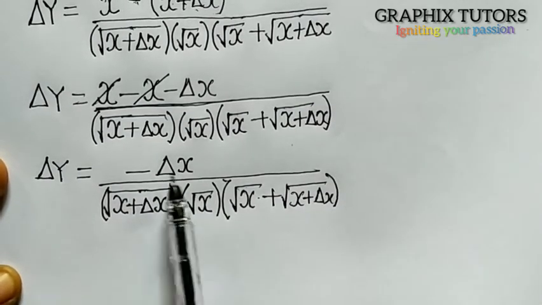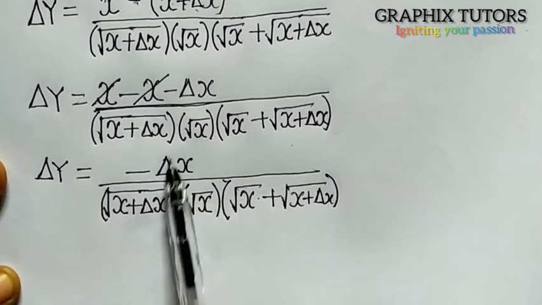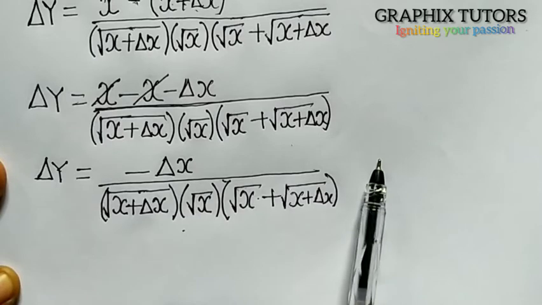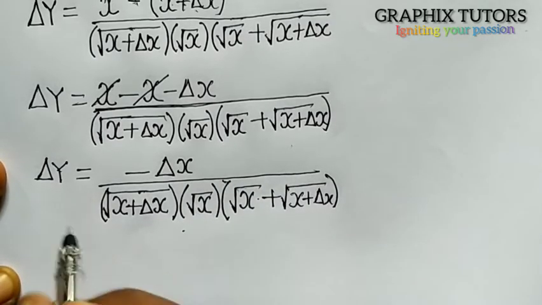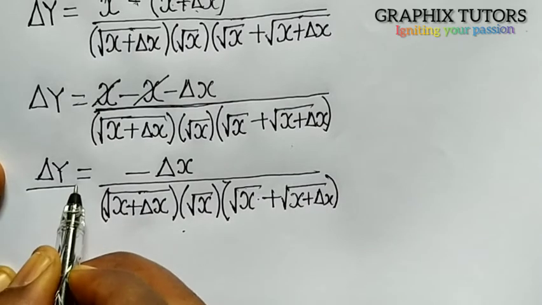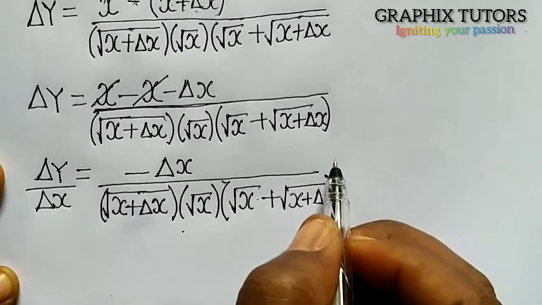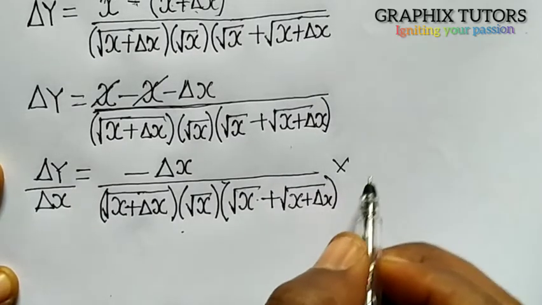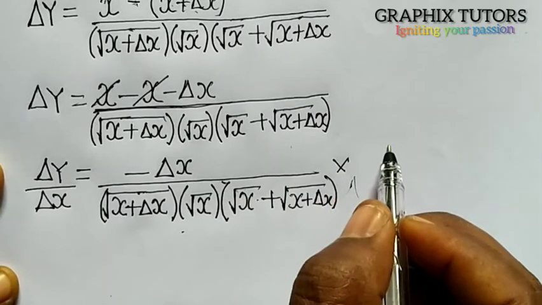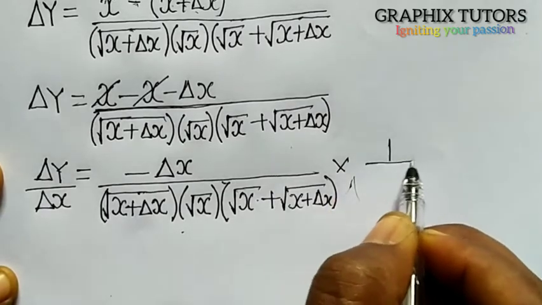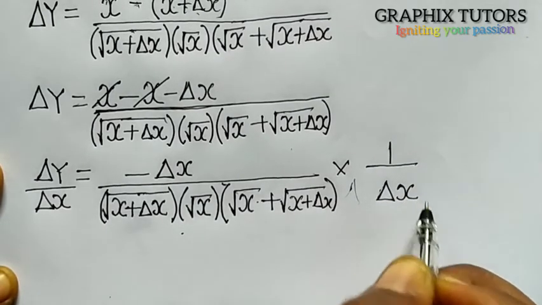Now since we have delta x here, the aim, like I said in my earlier video, is to isolate delta y from this right hand side. So the next step is to divide both sides by delta x. So if I divide both sides by delta x, this over this, multiply by either I put my delta x here, or I say 1 over delta x. Let me put it here, multiply by 1 all over delta x. It's still the same thing, right?